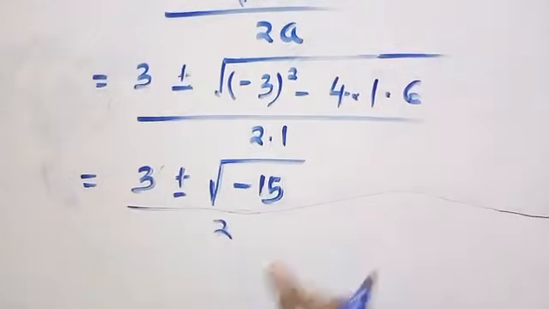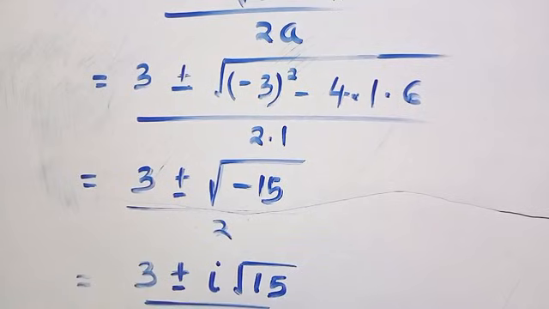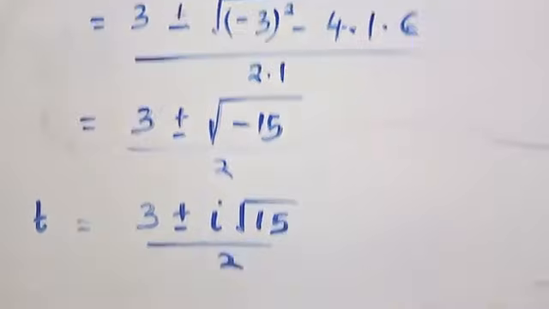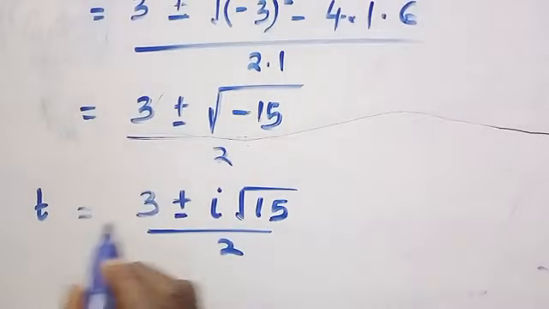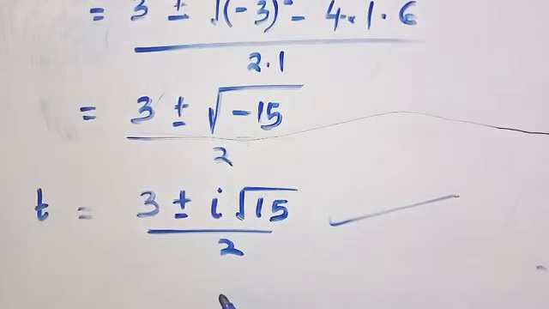So here is the complex solution, as we have 3 plus or minus i root 15 divided by 2. This is for the value of t. So t equals 3 plus or minus i root 15 over 2, or we have t equals minus 2.